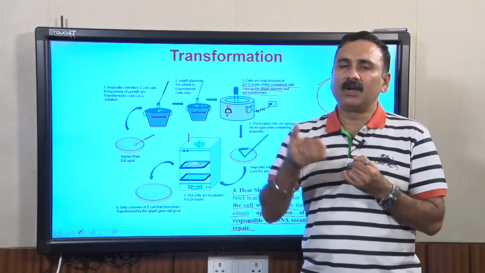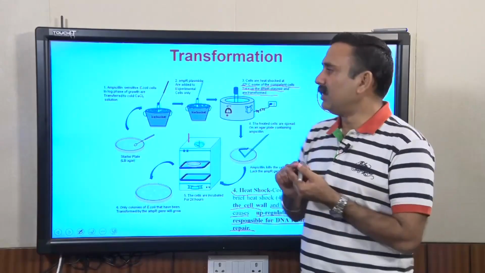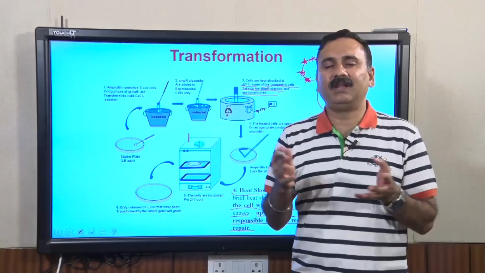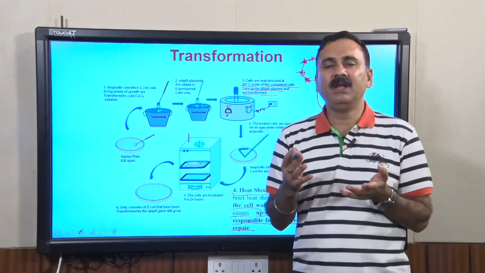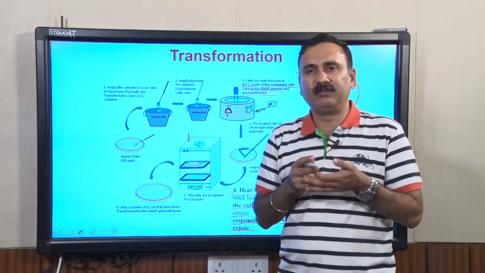These factors are required for DNA recombination as well as for repair mechanisms, because you can imagine that once you have created a compromised cell wall, you also have to seal it. You have to repair it, so that the bacteria closes these pores, this compromised cell wall as well as the compromised plasma membrane. Otherwise, the cytosol will leak out from those places.